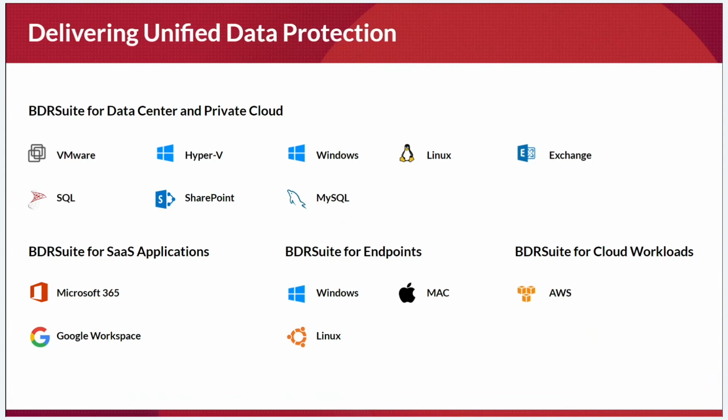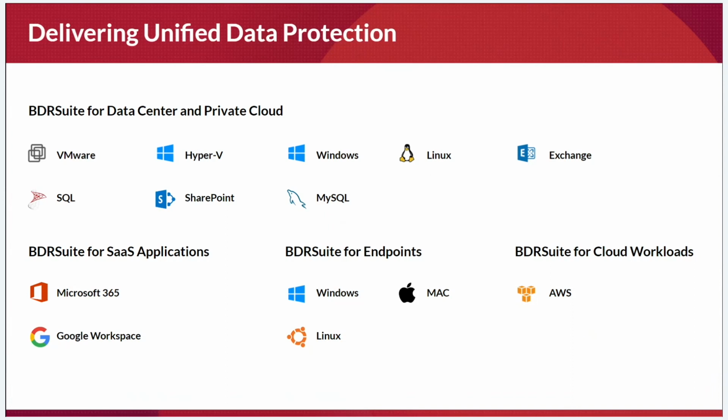Now, the BDR suite for SaaS applications is one of the hottest topics around the world, because widely used SaaS applications are Microsoft 365 and Google Workspace. With our BDR Suite, you can back up your Microsoft 365 and Google Workspace either at an organization level or a specified user level.